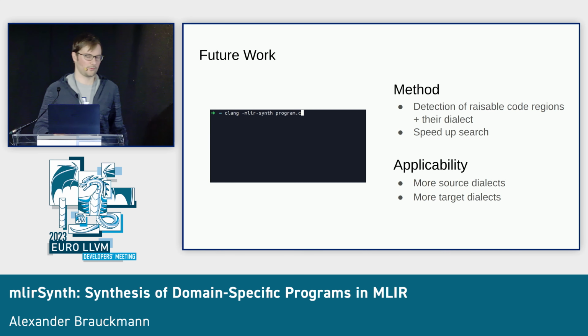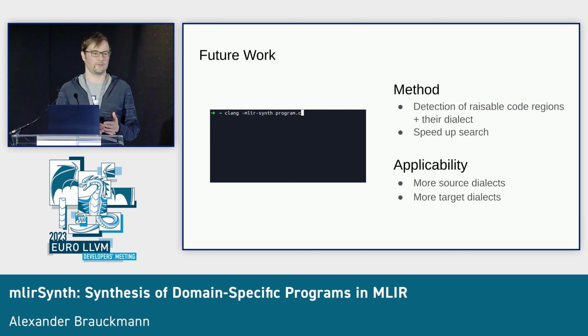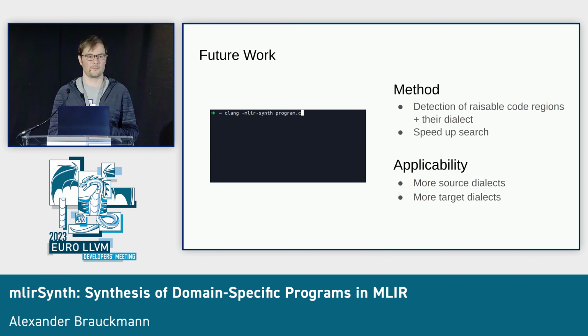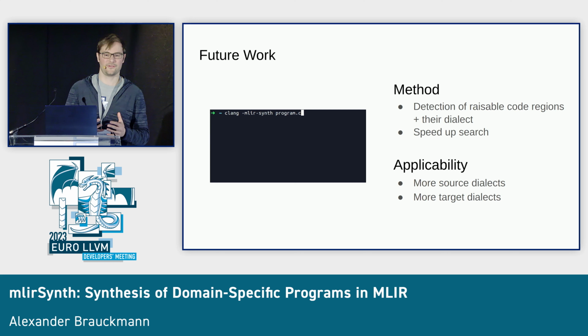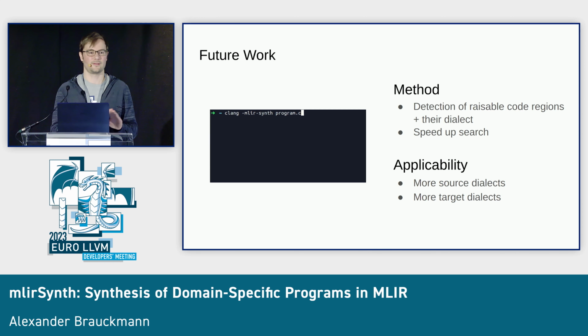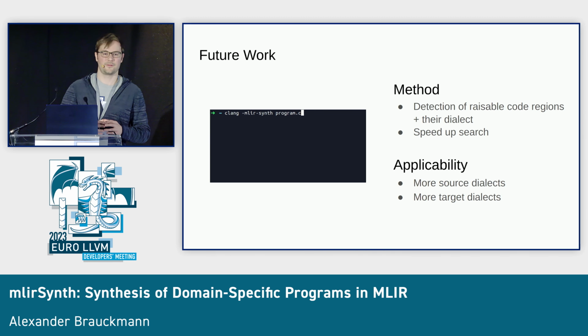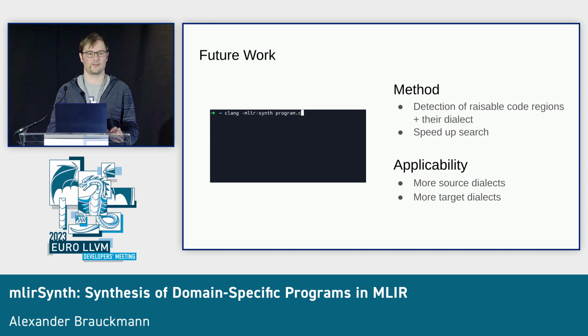So the dialect needs to have a lowering to affine and LLVM, and I think that is the only constraint on the dialect. And I basically parse TableGen files, so in theory I could support all dialects, but there might be some engineering problems currently. But in theory, yes, I can support all of them.